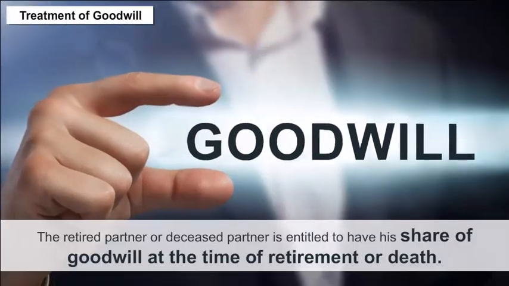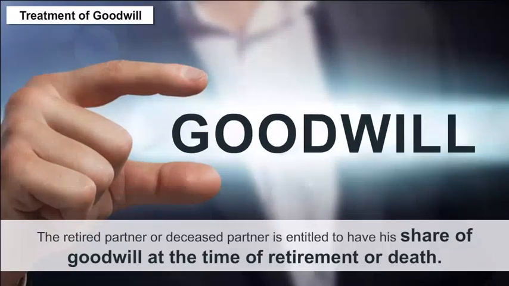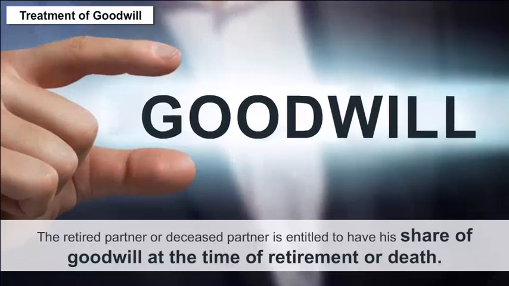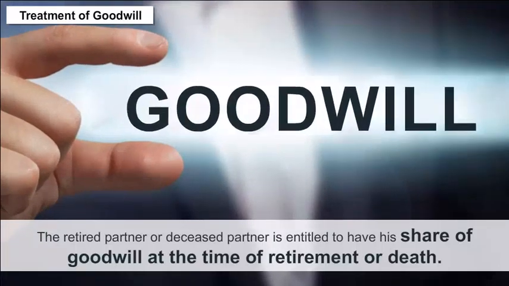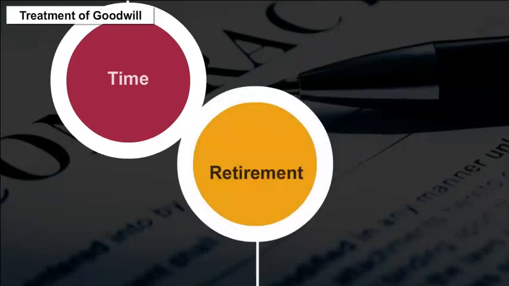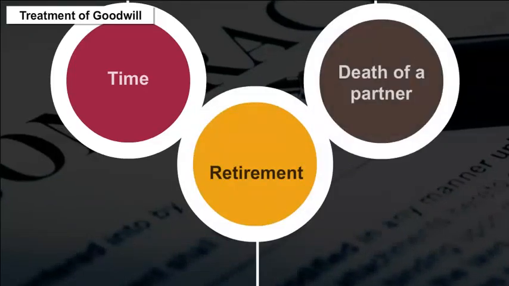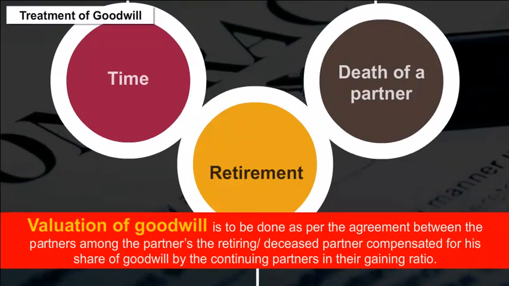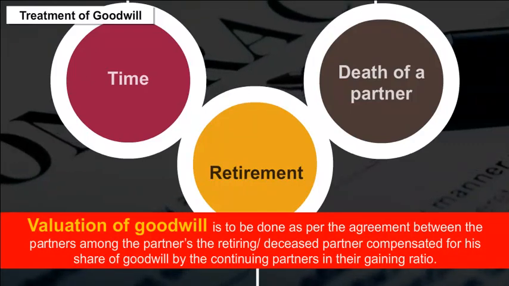Treatment of goodwill. The retired partner or deceased partner is entitled to have his share of goodwill at the time of retirement or death. So, at the time of retirement or death of a partner, valuation of goodwill is to be done as per the agreement between the partners.